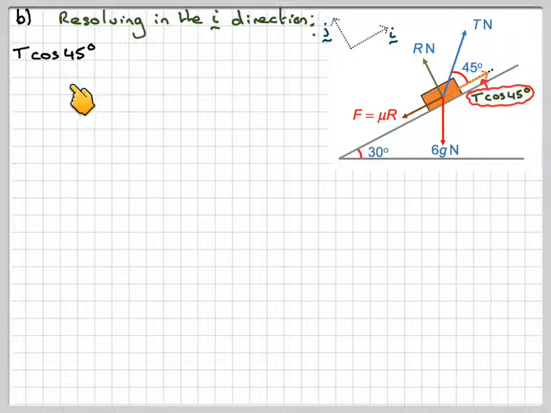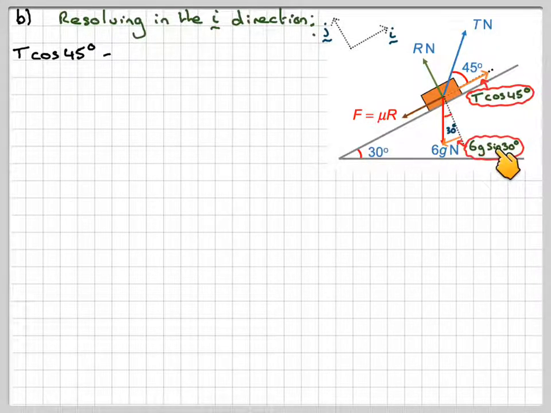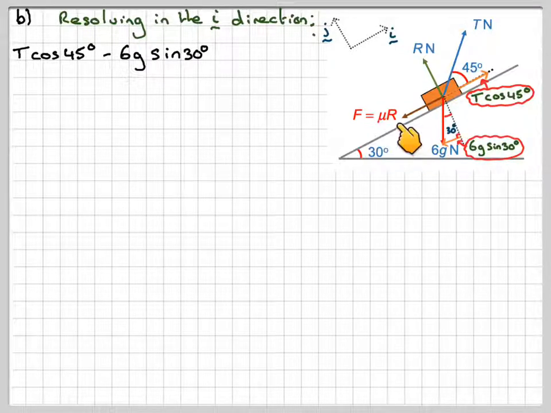Now the component of the weight is acting against that, so it'll be 6g sine 30. You're going to be pretty good at your trig here. Then minus the friction, minus mu R, and again equal to 0 because it's just on the point of moving.